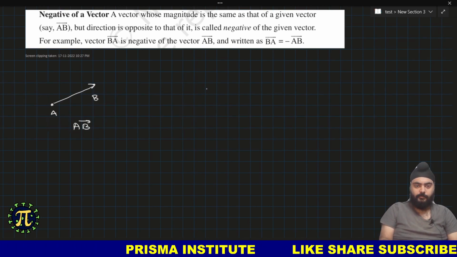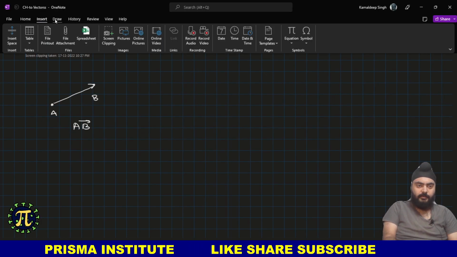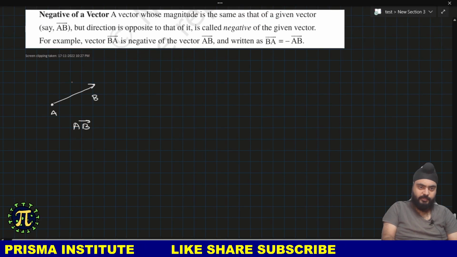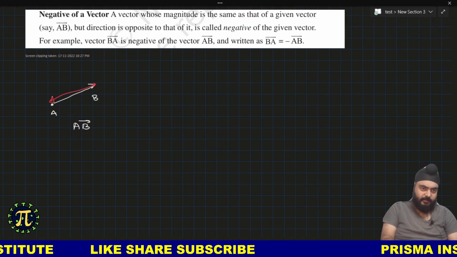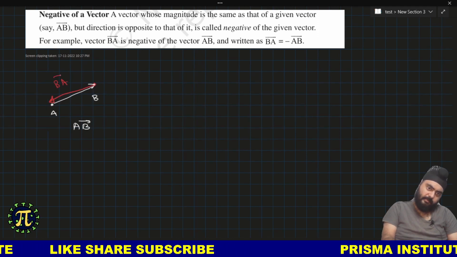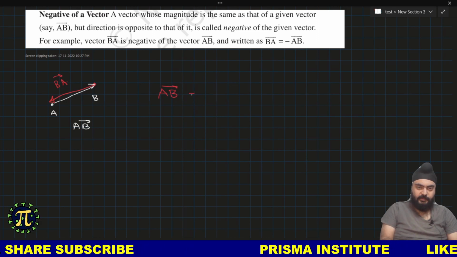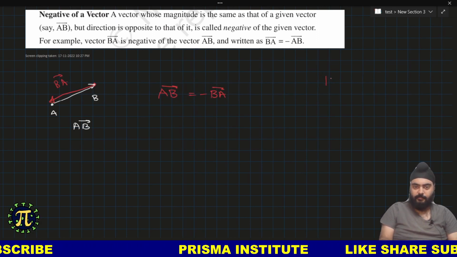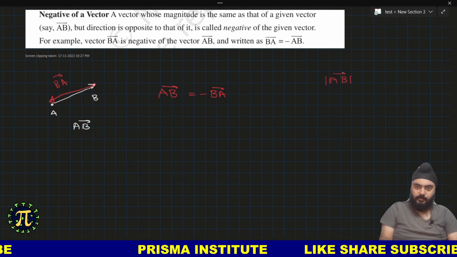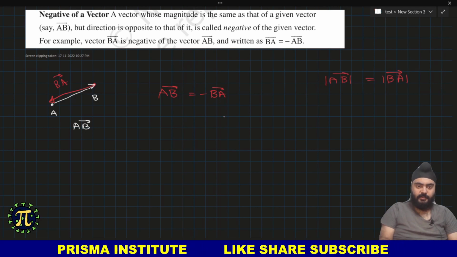And of course, if you want to draw BA vector, you can draw a vector of equal length in the opposite direction. So it starts from B but ends at A, right? So this is BA vector. And here we define AB vector as the negative of BA vector, although their lengths are the same. Mod of AB is equal to mod of BA, but they have opposite direction.